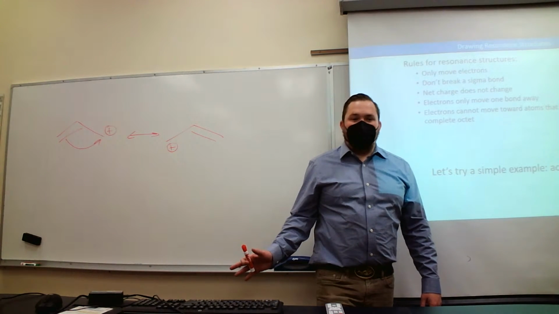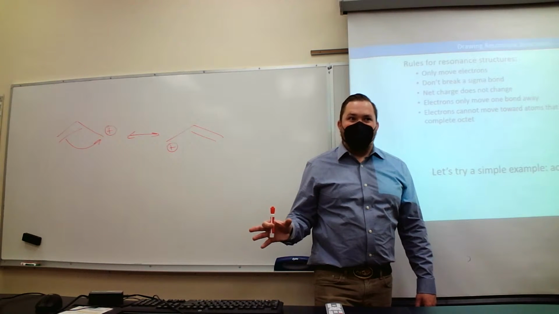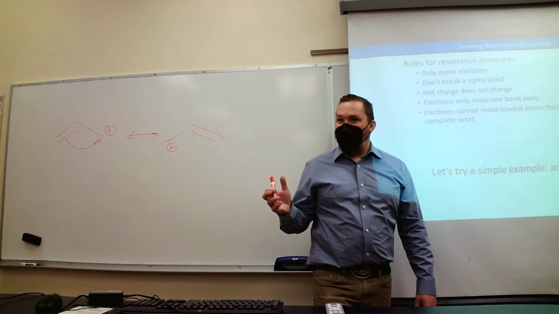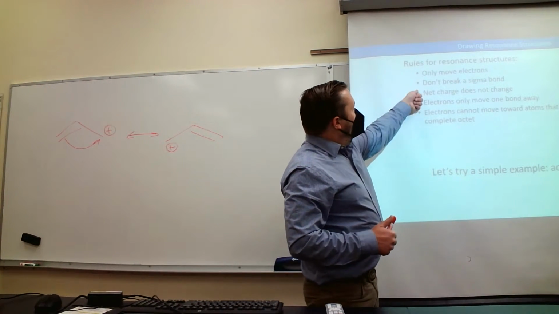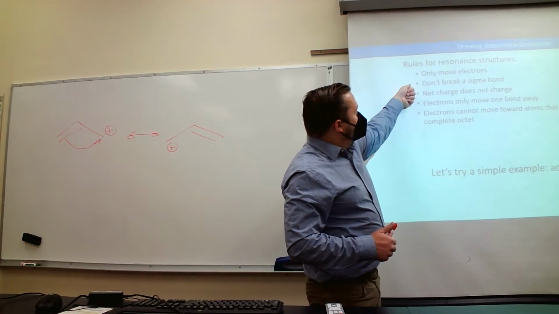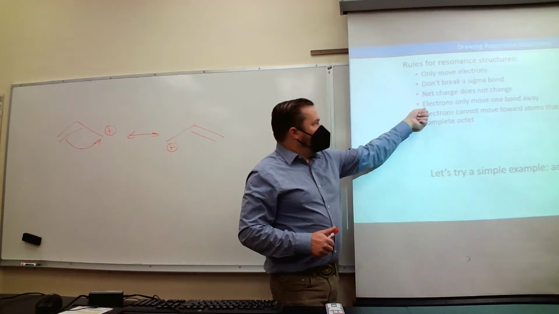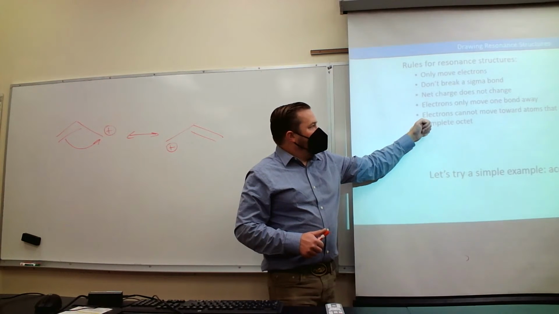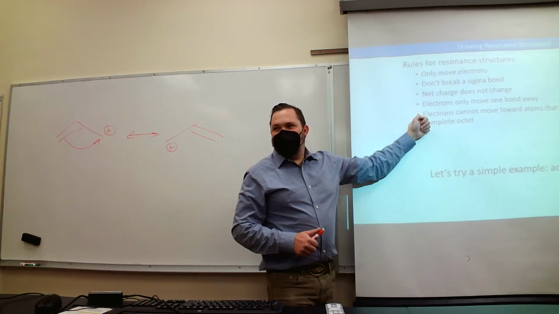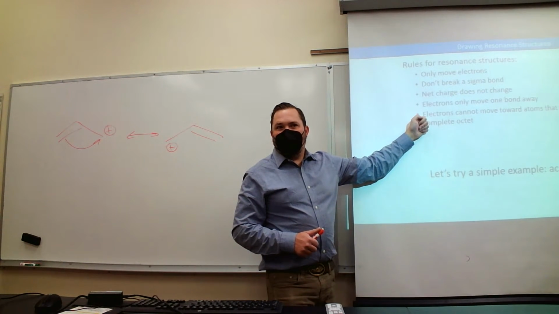Your total number of electrons doesn't change. So that's your way of checking whether you did something right: no sigma bonds broke, net charge doesn't change, and we didn't draw something with 5 bonds or 10 electrons.